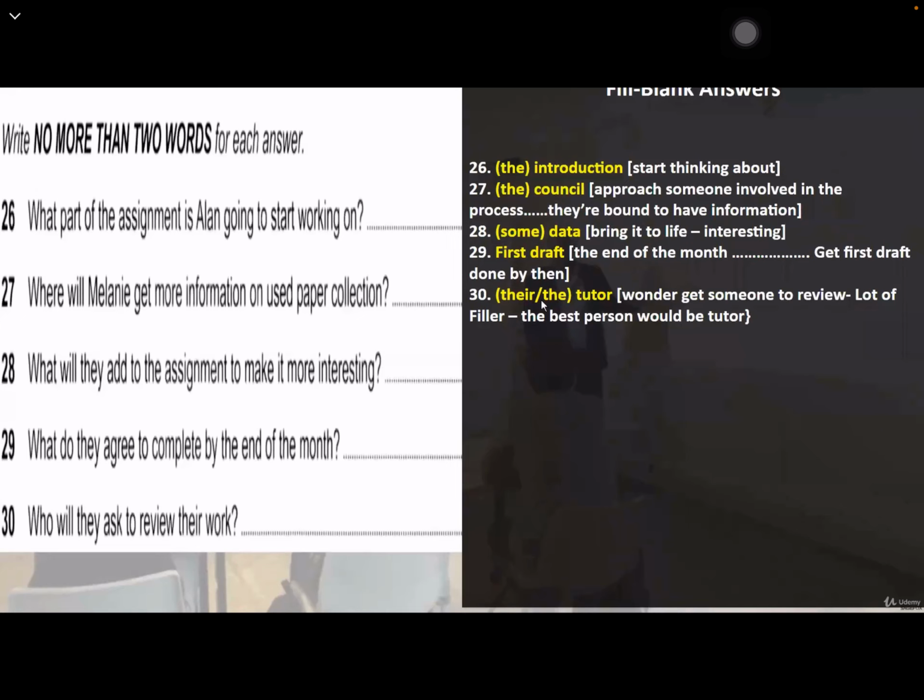And then the same thing happened in number 30. They talked about who they should ask for a review. She made a suggestion, and then he dismissed her again. He said we should see a tutor, and she just said, well, okay. That's fine, but you have to recognize that happens sometimes.